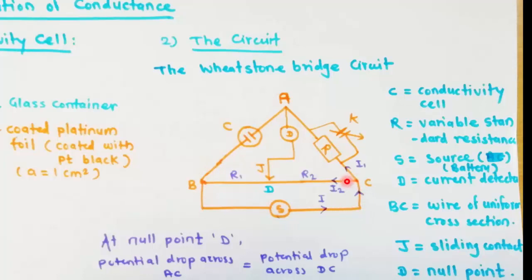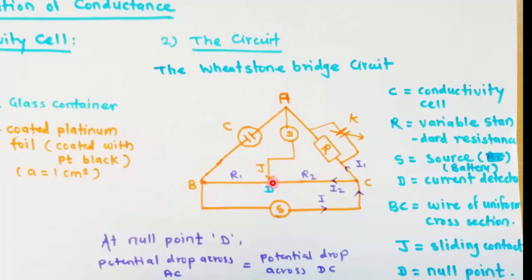When current flows through the circuit, I2 and I1 are both flowing, and you move the jockey along the wire in such a way that no current flows through the detector; the detector shows null deflection. This point is a little tricky to understand, but in the laboratory the instruments are now very advanced: you directly dip the electrode in the solution and it displays the exact conductance.